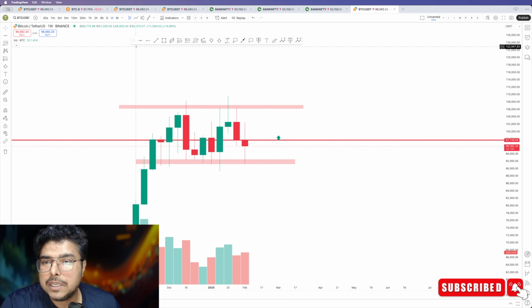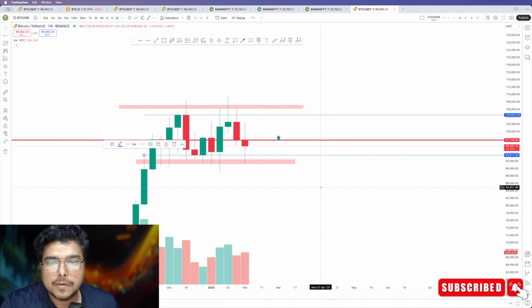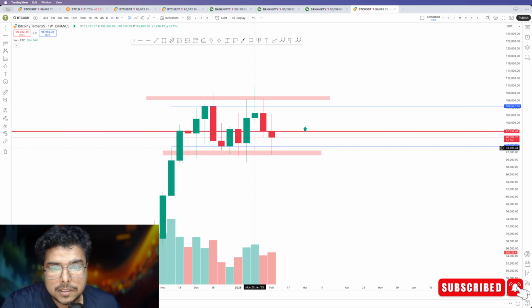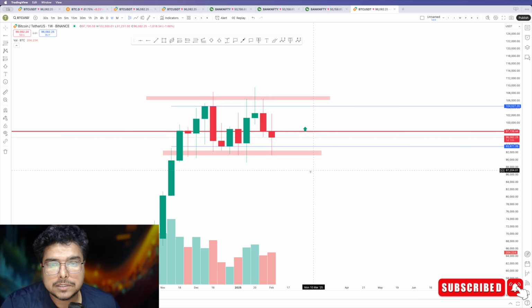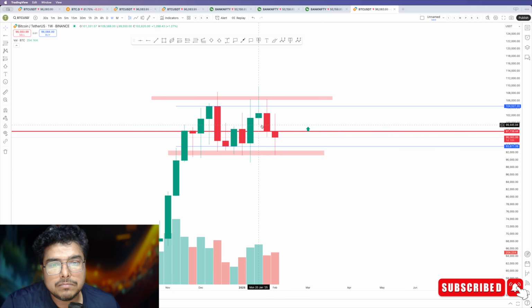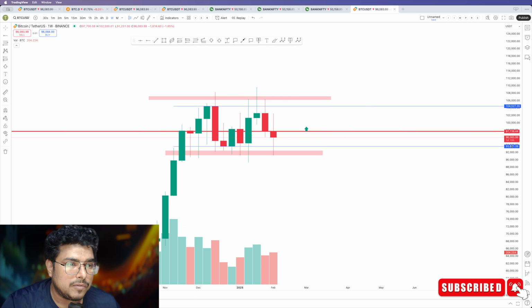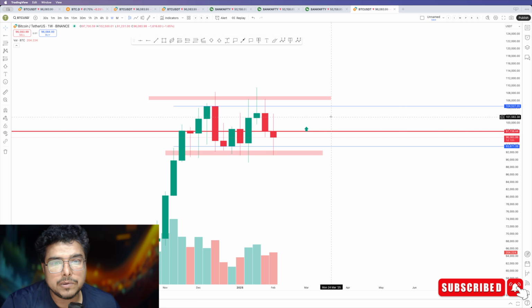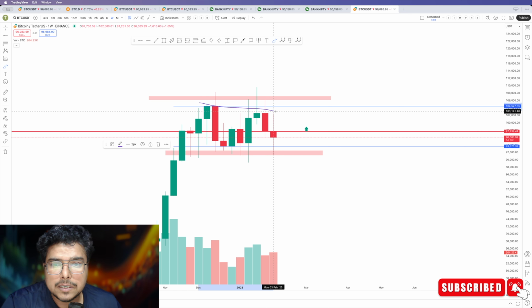So for weekly, these are the closings, and you can see it is kind of sideways in this range, 1,04,000 to 93,671. But as you can see, there is a lower low formation as well.